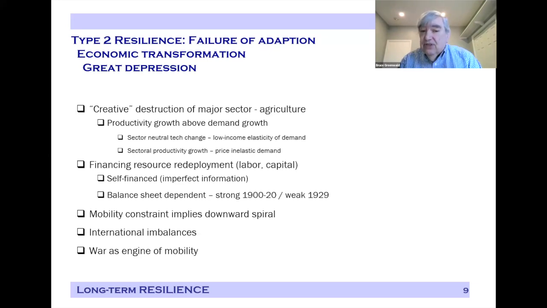Once you have a mobility constraint, you get a downward spiral because the people can't move, productivity continues to grow. You have all the long-term trends continuing, and since the labor force is still there, they're exacerbated.